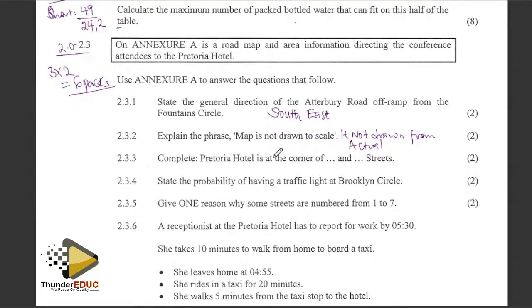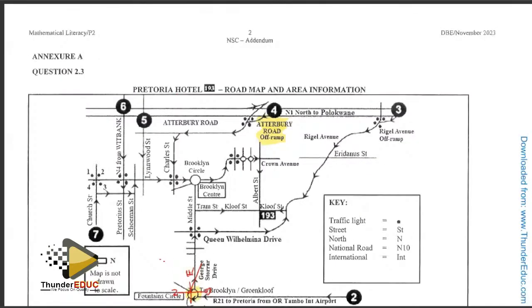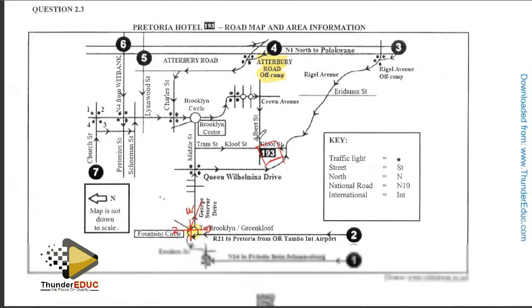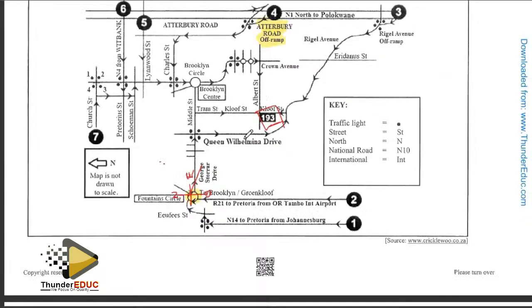Pretoria Hotel is at the corner of dash and dash streets. So we go there and we see Pretoria Hotel. Take note how I go to it, because when you check on the map, you can't see it. But you see Pretoria Hotel 193. So 193, it's this place here. So which streets are they?